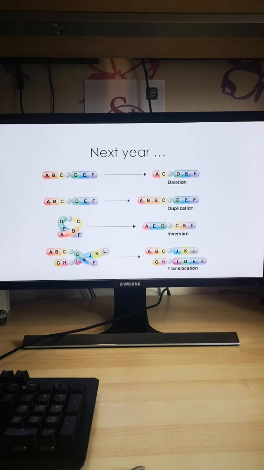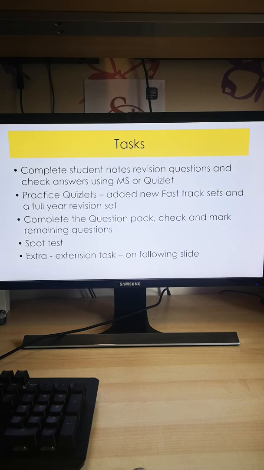So we'll be looking in more detail. If you Google chromosome mutation, you'll find diagrams like this showing all this different variety of chromosome mutations that happen, as well as non-disjunction ones that we've looked at this year. Okay, so that is the end of the topic.